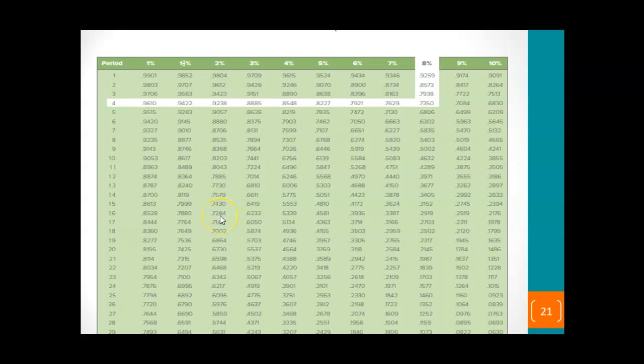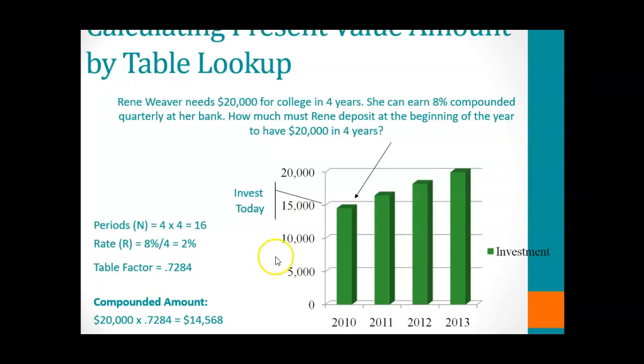0.7284. Again, my factor is 0.7284. I'll multiply the factor times 20,000. That gives me a present amount of $14,568.